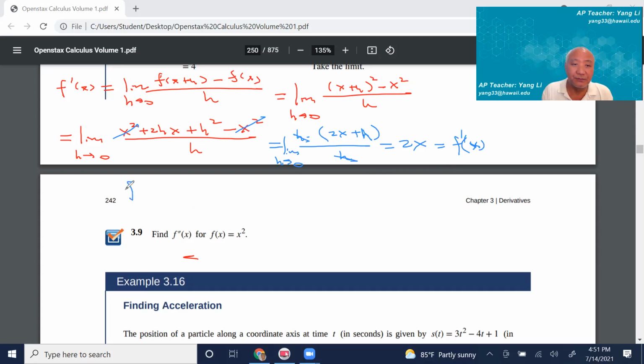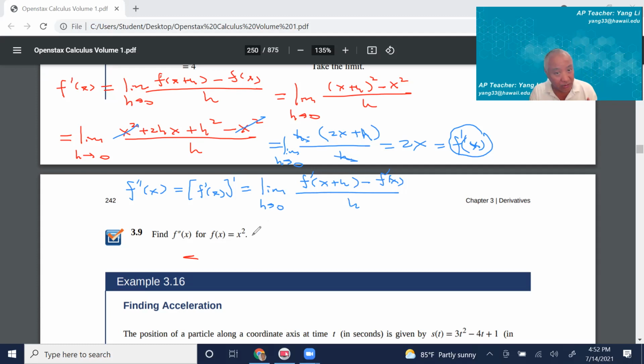And then we need to do second derivative now. Second derivative, you just treat this first derivative as the function. It will be what? f derivative of x, derivative again. So that will be the limit h approaches 0, right, of f derivative of x plus h minus f derivative of x over h.